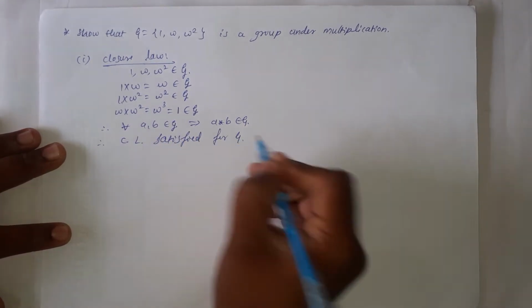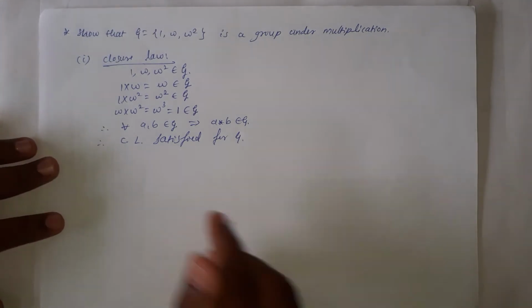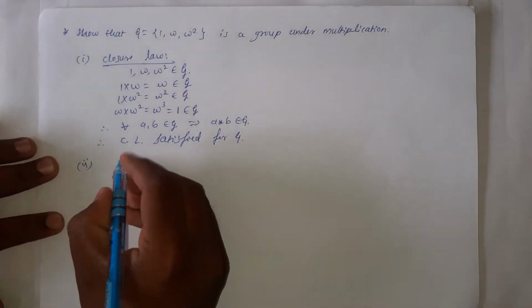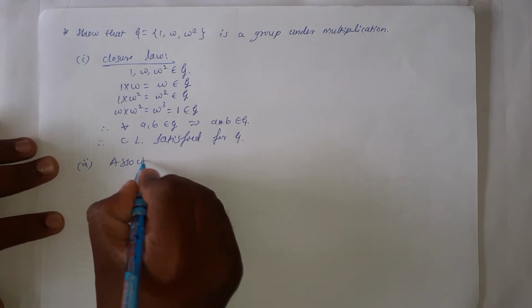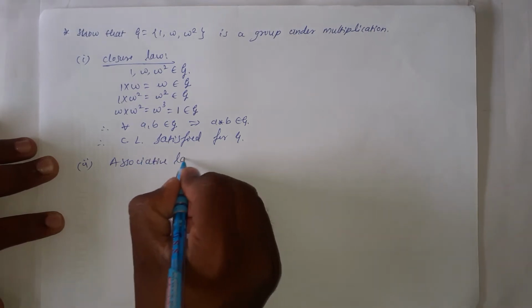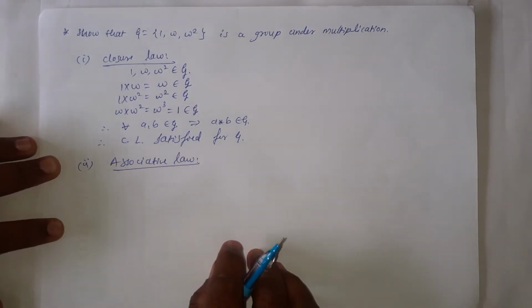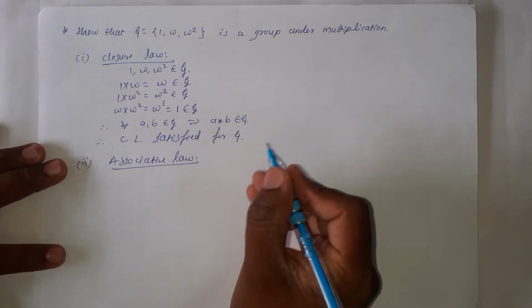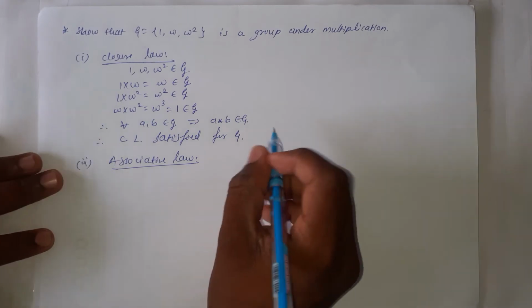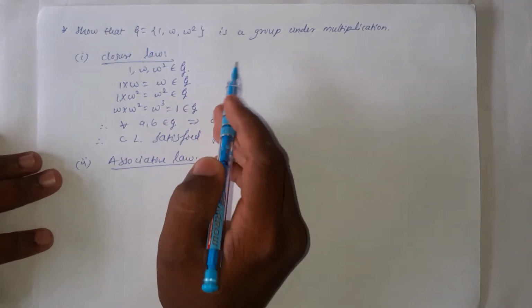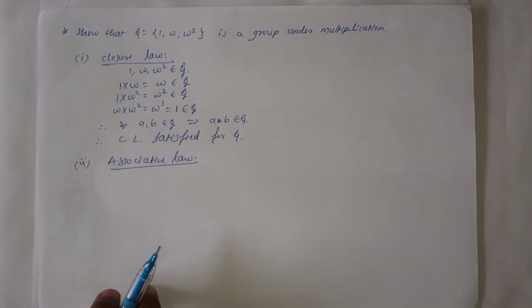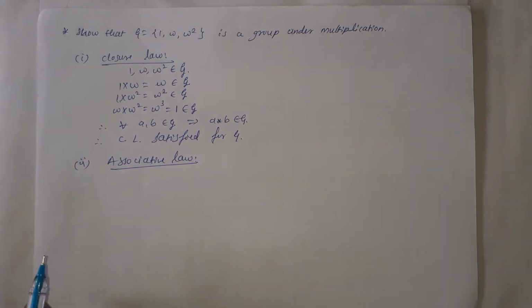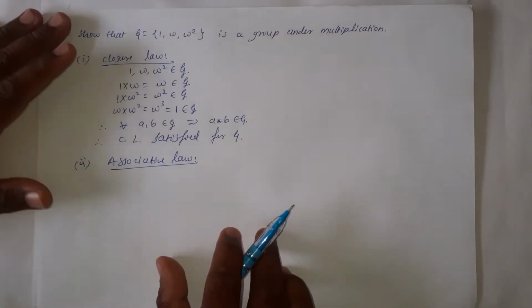Then the second law is associative law, and the binary operation is multiplication. We know that multiplication is associative, but here they have given the 3 elements, so let us verify the associative law for this set, that is 1, omega and omega square.